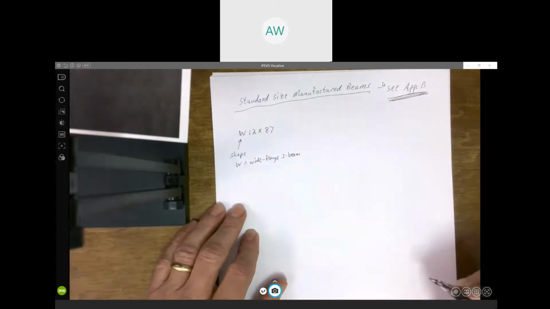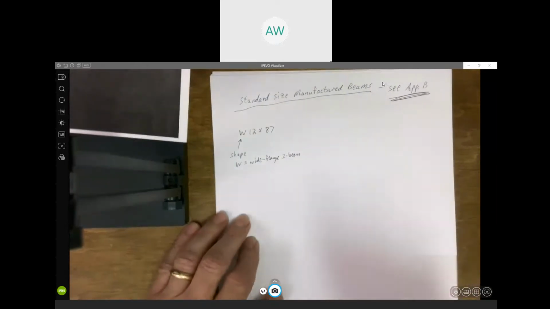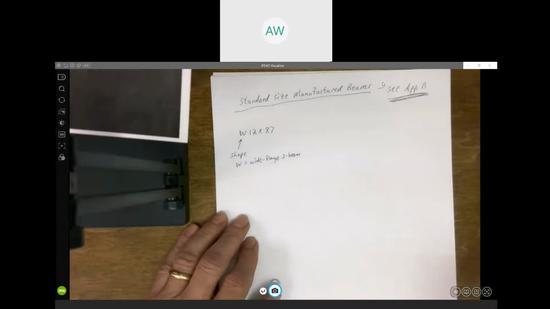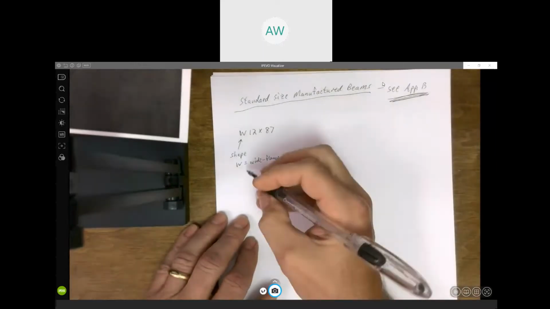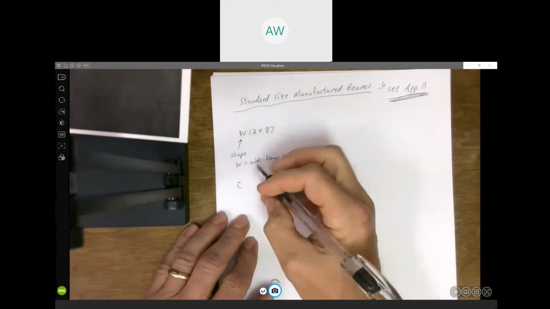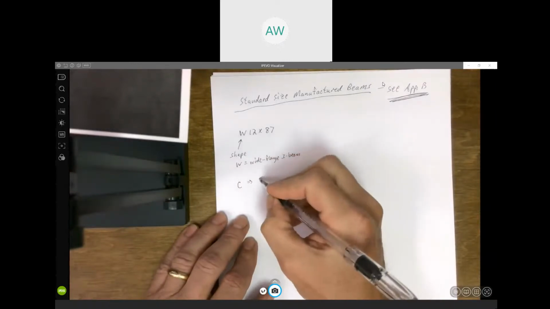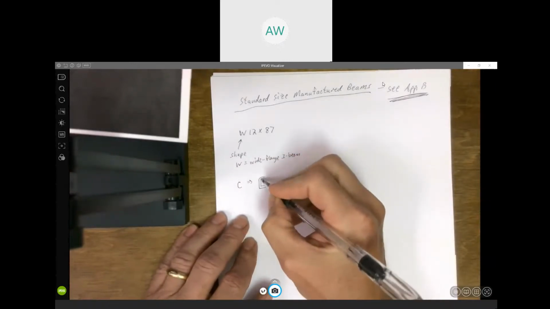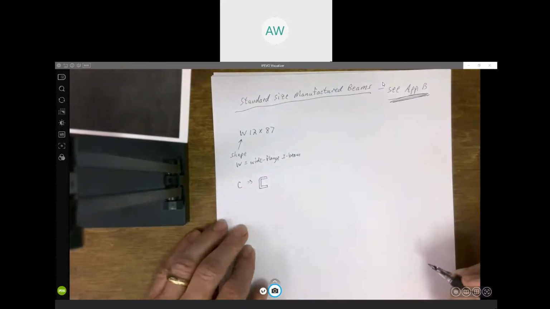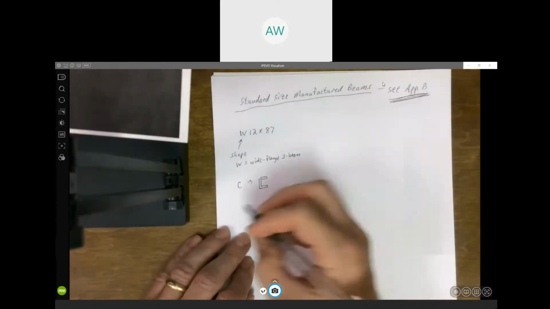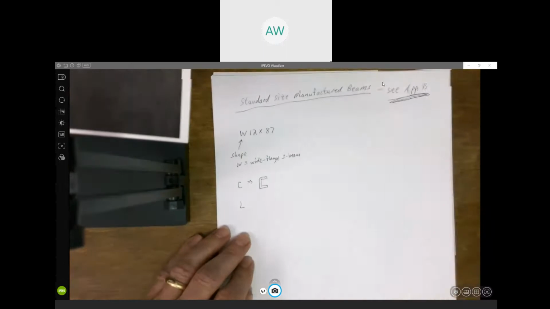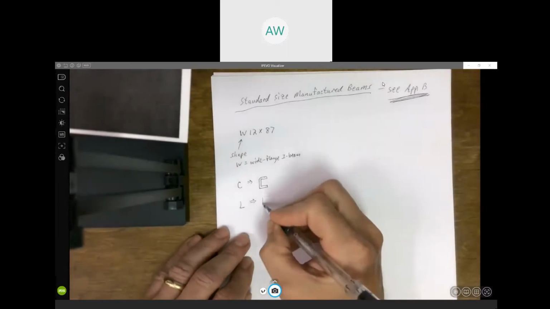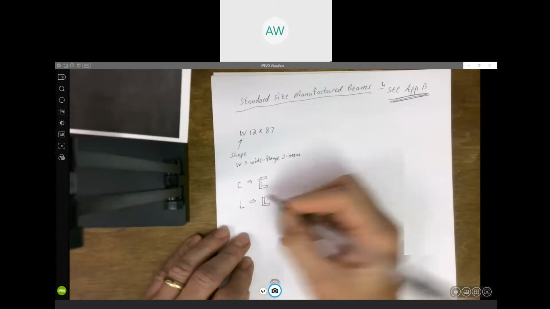That's what the W tells you. Now, I mentioned that in the back of the book there's a table. If you got a C, that's going to give you a cross section that looks like a C. There's an L and then some numbers, right? That's an L-shaped cross section.